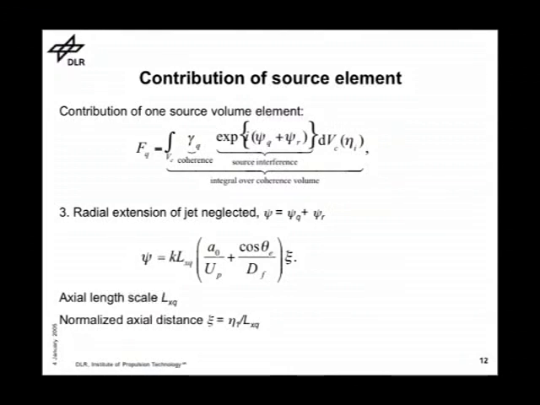The phase difference here is then k, the acoustic wave number, times an axial length scale of the turbulence, times the inverse of the phase Mach number, and this is the cosine of the emission angle divided by the Doppler factor. And this C is a relative length separation: the axial separation is normalized with the length scale.